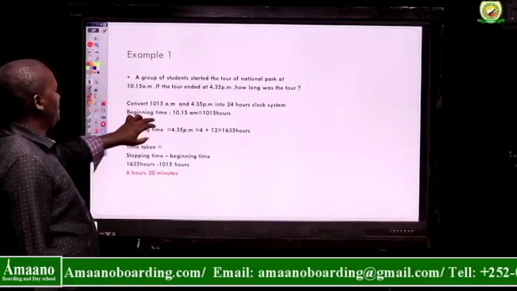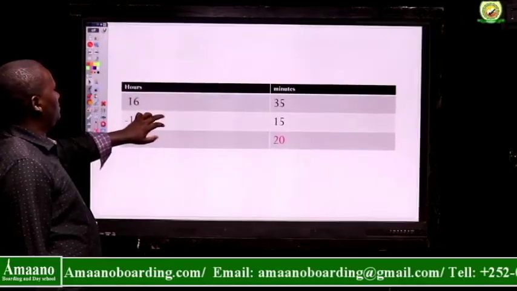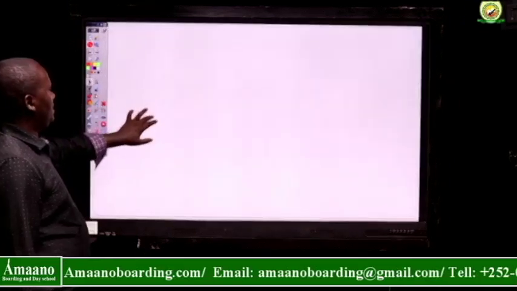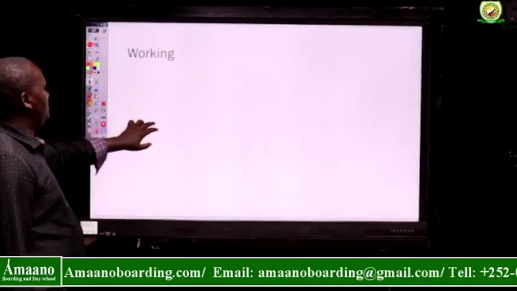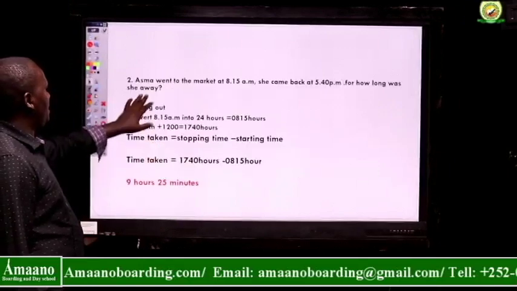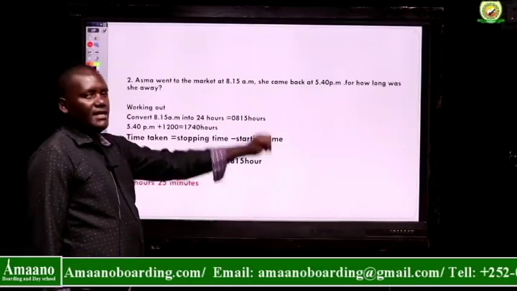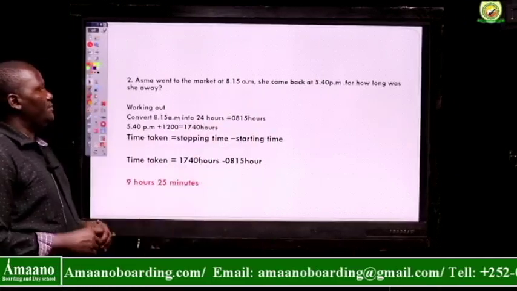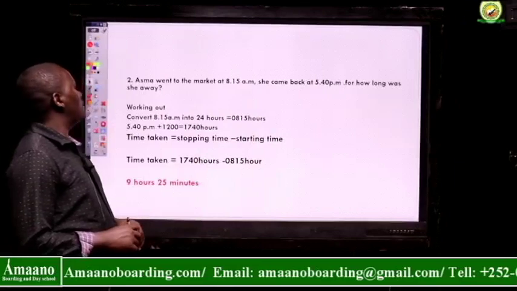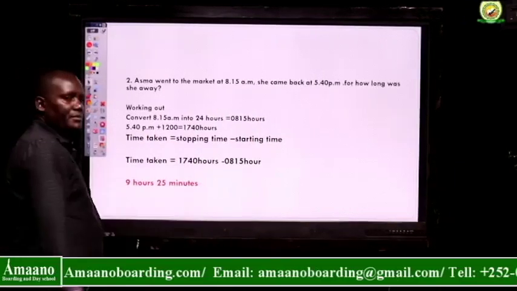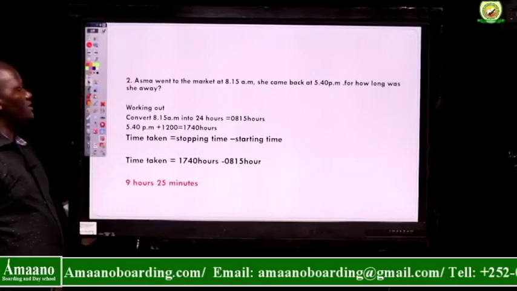Next example, that's example 2. Asma went to the market at 8:15 a.m. She came back at 5:40 p.m. How long was she away? Convert the 8:15 a.m. into 24-hour clock system.